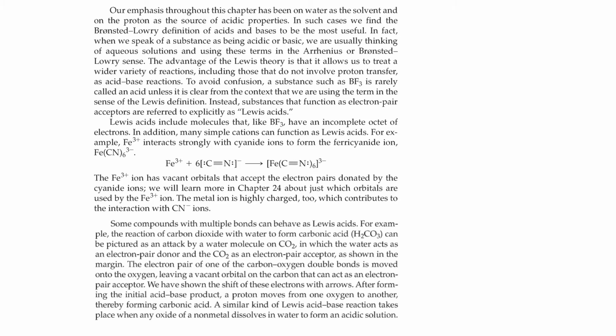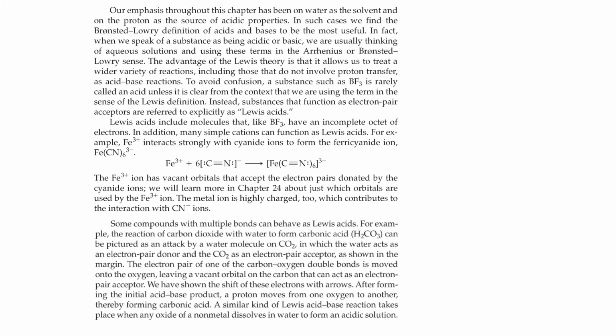Some compounds with multiple bonds can behave like Lewis acids. For example, the reaction of carbon dioxide with water to form carbonic acid can be pictured as an attack by a water molecule on carbon dioxide, in which the water acts as an electron pair donor and the carbon dioxide as an electron pair acceptor, as shown in the margin.